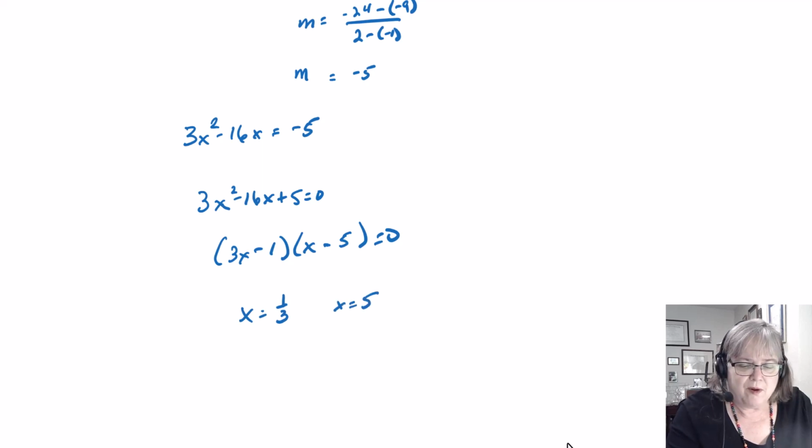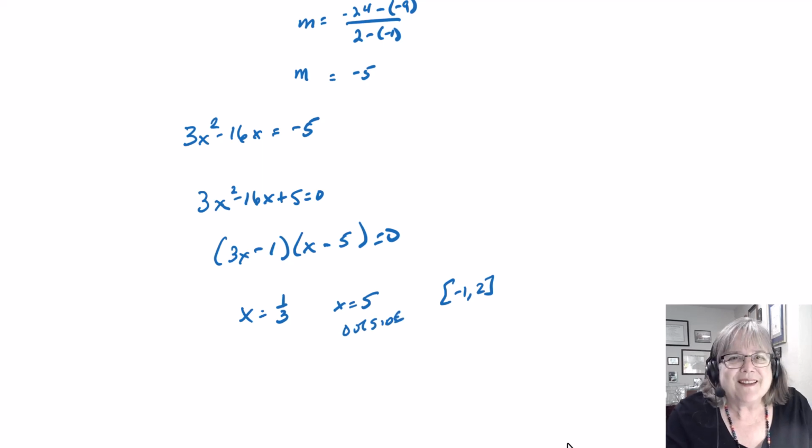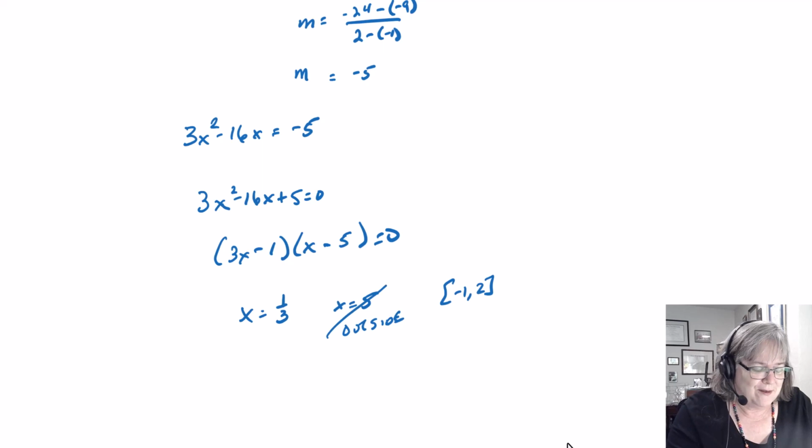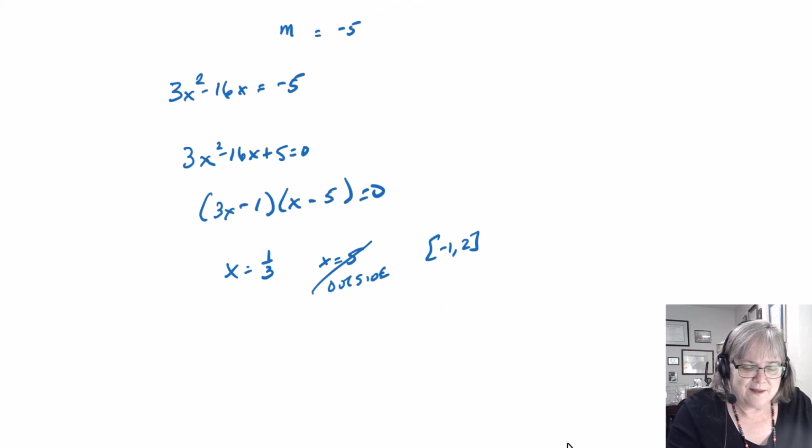Okay, but remember our interval was -1 to 2. So this one's outside our interval. So, teachers do that sometimes. Sometimes it's just because the problem gets made up and it happens and they think, oh, that's cool. Let's see if the students recognize it's outside the interval. So don't give them an extra one they didn't ask for. Okay, so the only thing I have is that c is 1/3.